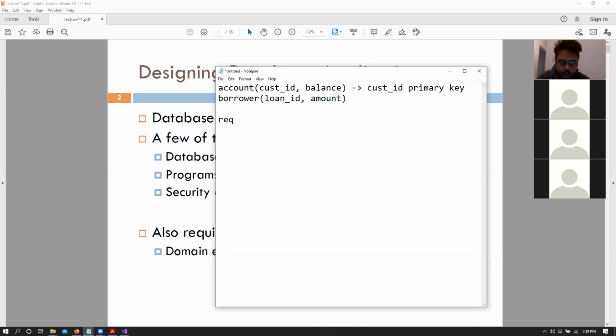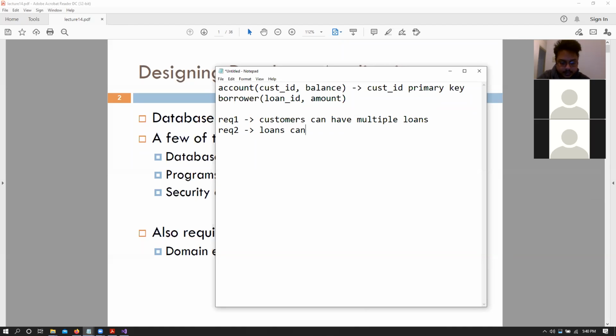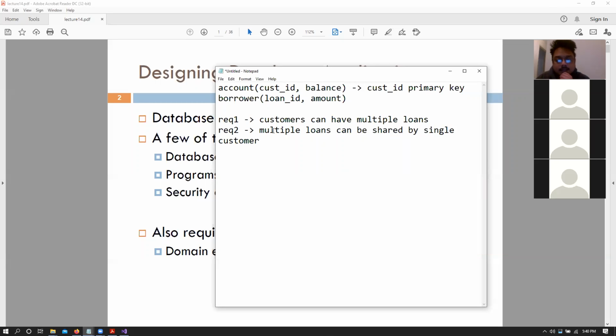Requirement one is customers can have multiple loans, and requirement two is loans can be shared by multiple customers. And let's also have a customer ID for that particular customer, that would make our life easier.